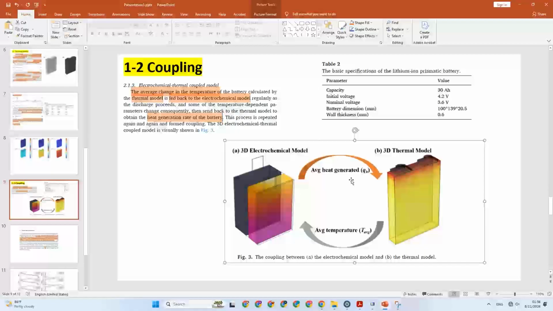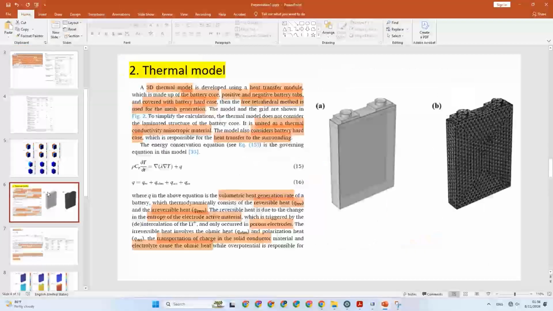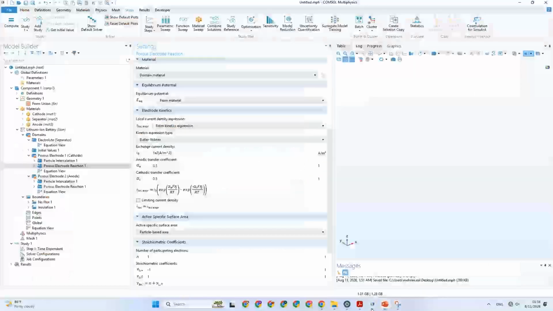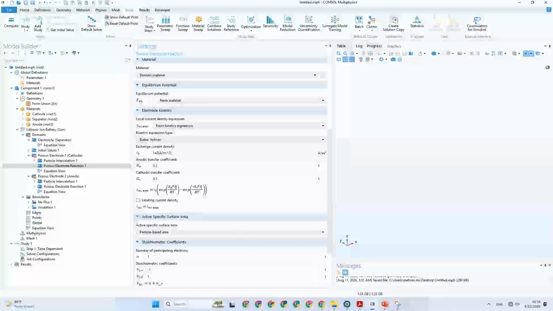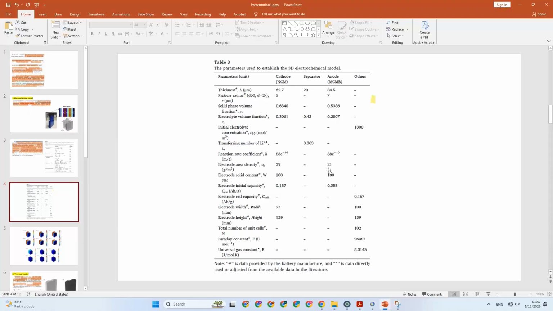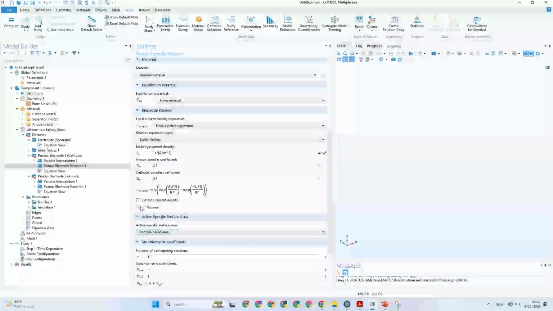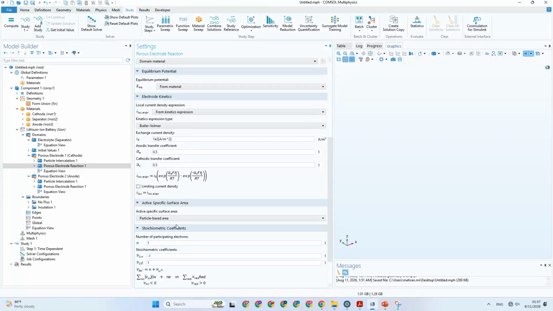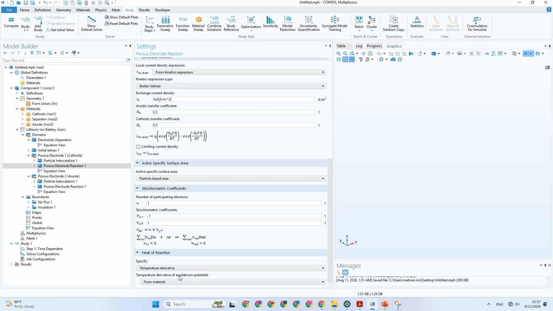Okay, here we can check the other parameters. Reaction rate coefficient, I can see here reaction rate.